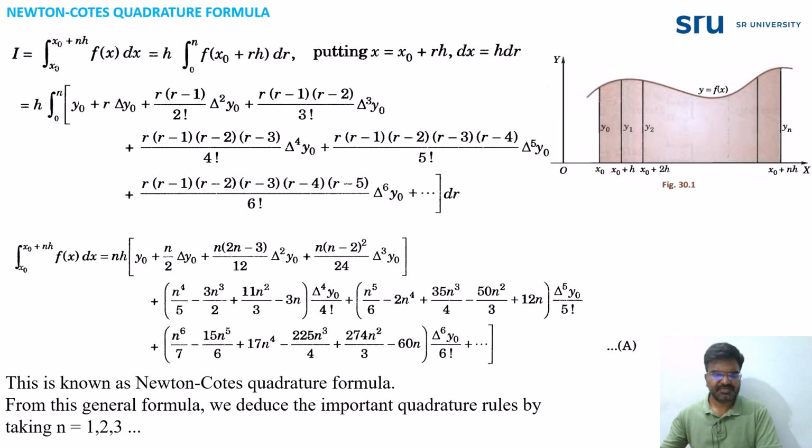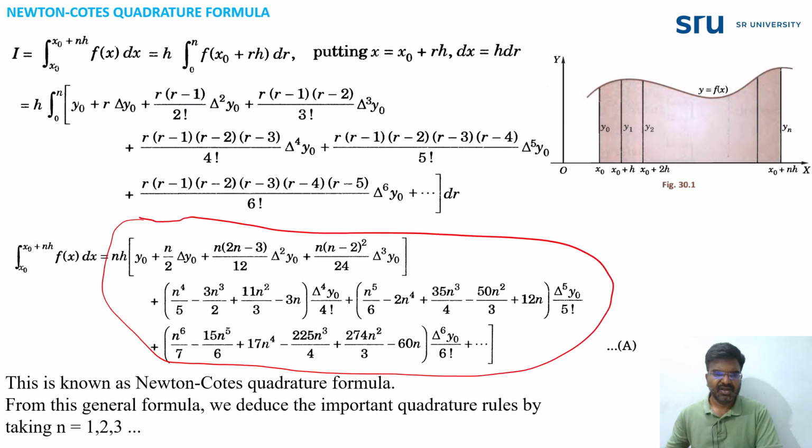After integration, this is the final expression. This is known as the Newton-Cotes quadrature formula. By using this formula, we can integrate the function by using given limits.